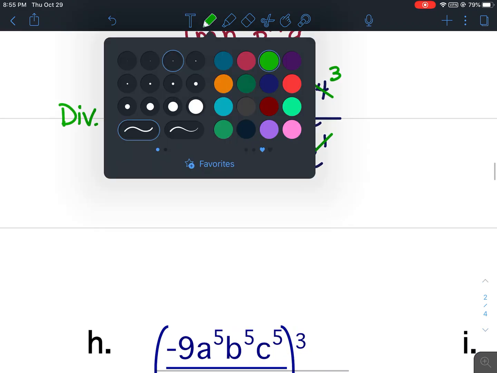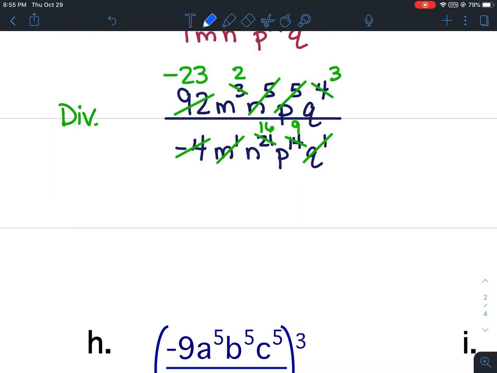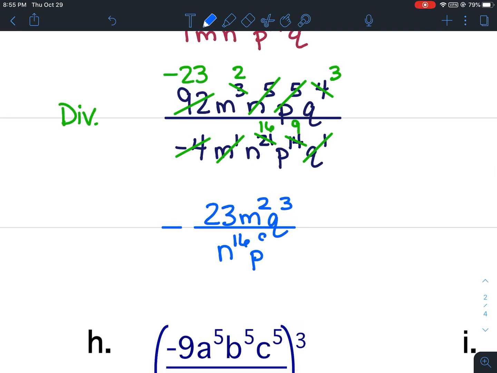After you divide, you always rewrite. So I have the negative out front, -23, M to the second, Q to the third, over N to the 16th, P to the 9th.